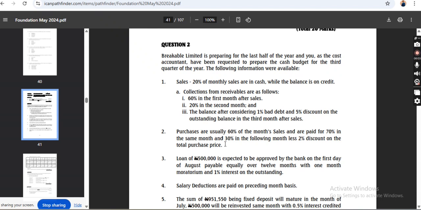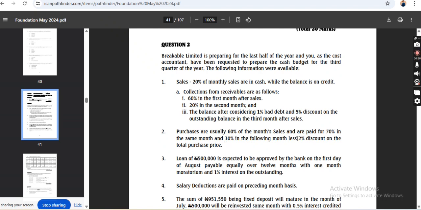So the purchase on credit will be 30% of that amount, paid in the following month. In the following month, there will be a 2% discount on the total purchase, right? We'll get there.